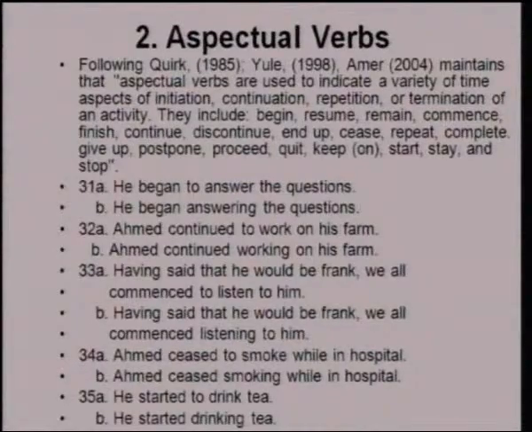He began to answer the question. He began answering the question. Having said that he would be frank, we all commenced to listen to him. We all commenced listening to him. So we speak about theoretical actions and vivid or real actions.